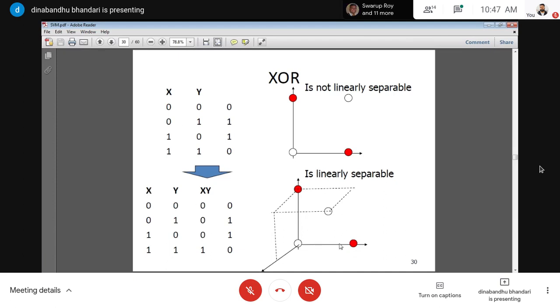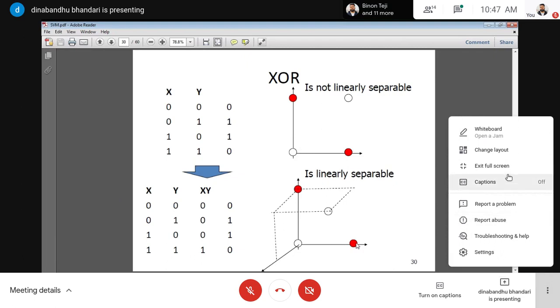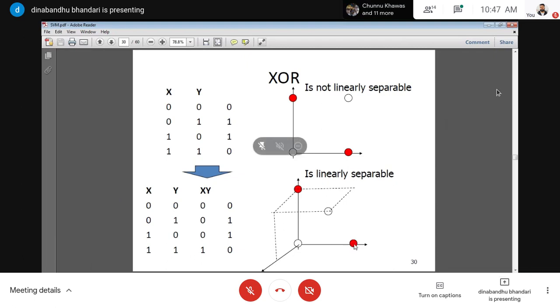So this is our Z1, this is our Z2, and this is Z3. In 3 dimensions, if we plot these points, 0, 0, 0. Earlier we had 0, 0, that remains here. 0, 1 becomes 0, 1, 0, which remains the same point.